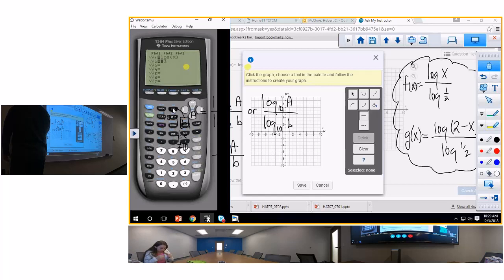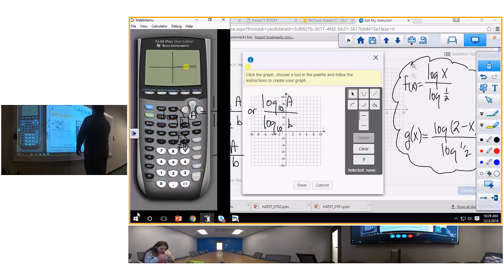Okay, so graph. What does that look like? It looks like this one right here.